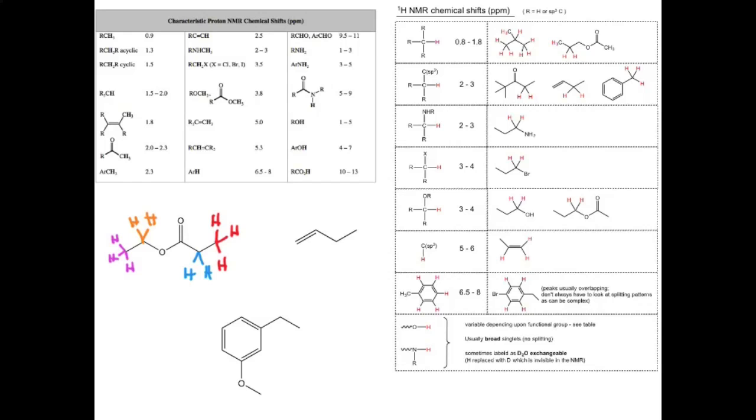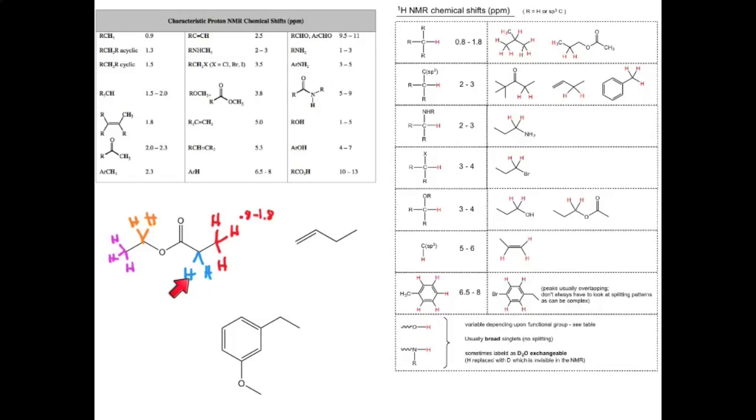Where do those come? Let's look at the signals in red here. Here I have an H connected to an sp3 carbon to another sp3 carbon. Where does that show? That's our base value of 0.8 to 1.8. So our signal would come anywhere in that range.